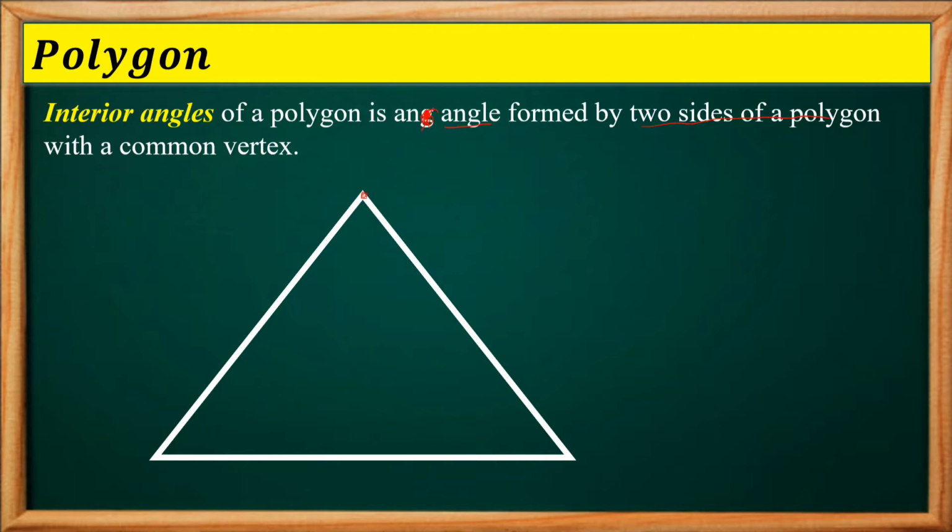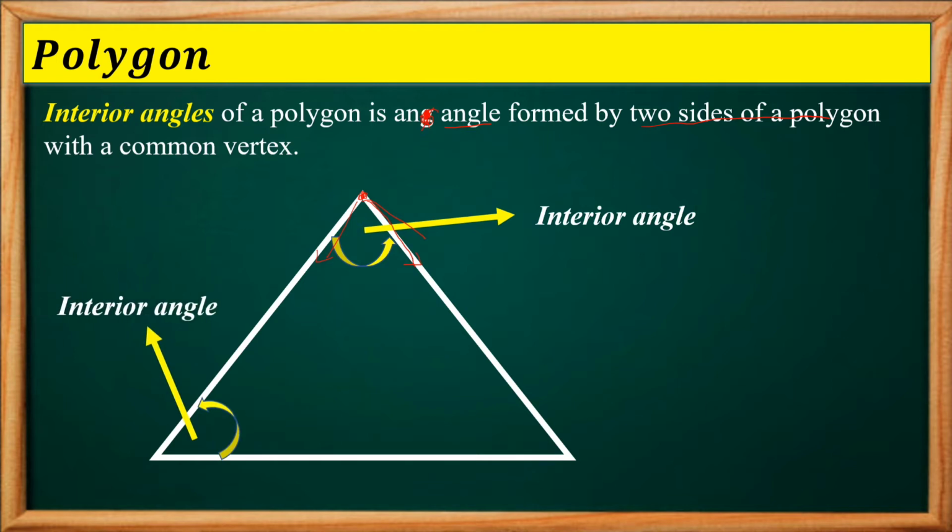Example, if this would be the vertex, this would be the side, and another side. That one would be the interior angle. Another one, we have here the interior angle, and another one, we have the interior angle.